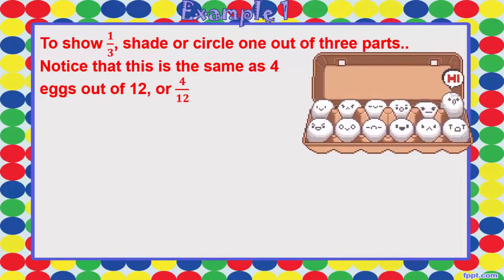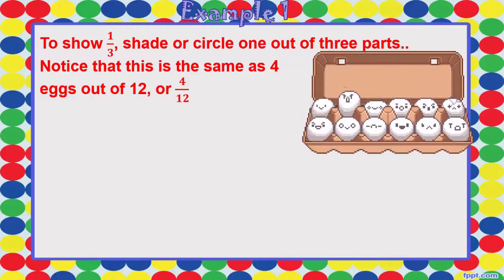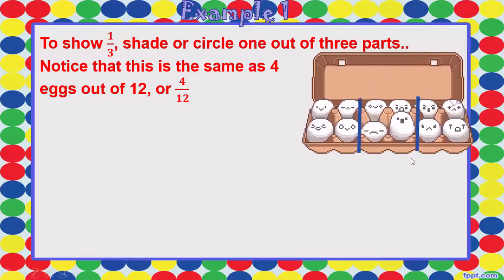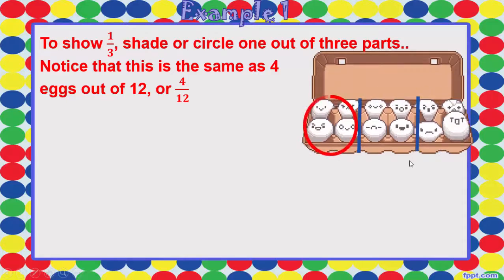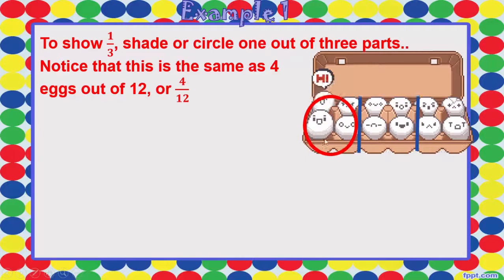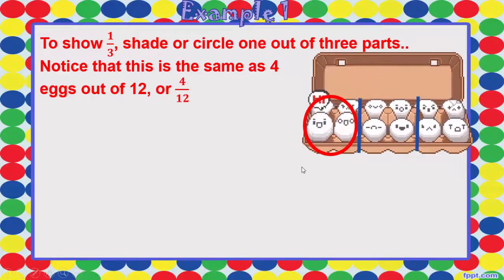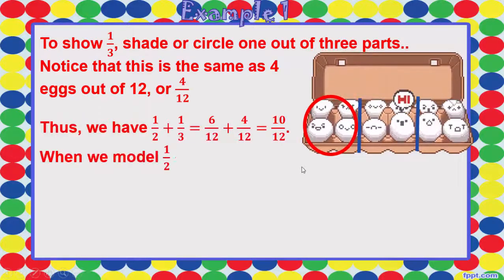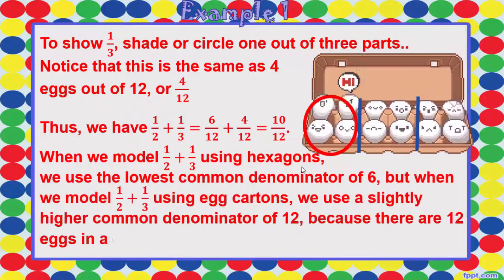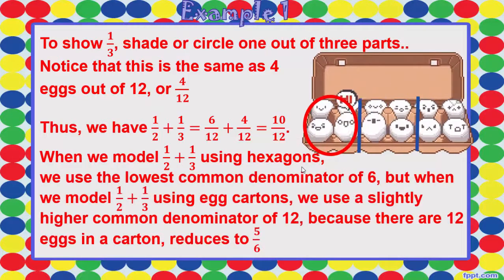Notice that this is the same as 4 eggs out of 12, or 4/12. So here we break it up into 3 parts, and we circle 1/3, and that's 4 eggs out of a whole carton of 12. Thus we have 1/2 plus 1/3 is equal to 6/12 plus 4/12, and that is equal to 10/12.